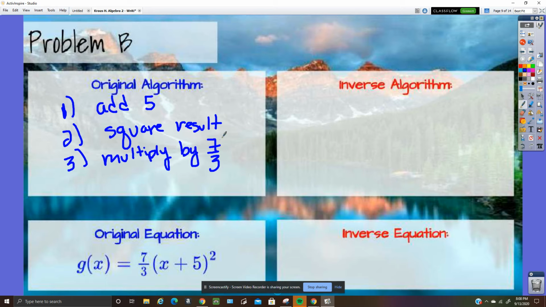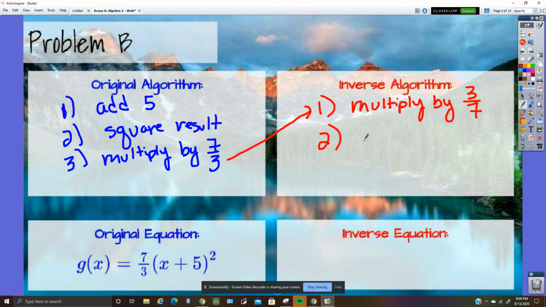All right, so the inverse then, and like I said, I'm going to start up here. 1 is to divide by 7/3, which is the same as, so this might be a little confusing, but dividing by 7/3 is the same as multiplying by the reciprocal. And then 2, take the square root, and 3, subtract 5.